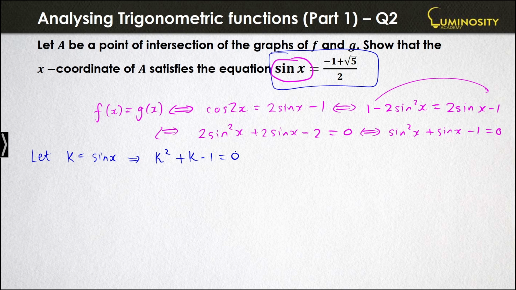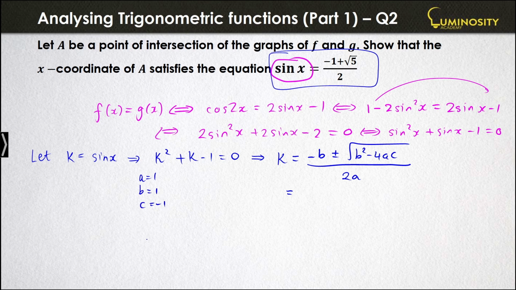Now this is a quadratic equation in the general form. Look how we suddenly went from trig functions to algebra. So now how do I solve for k? I can use the quadratic formula. So k equals negative b plus or minus the square root of the discriminant, b squared minus 4ac, all over 2a. My a coefficient here is 1, my b coefficient is 1, and my c coefficient is negative 1.